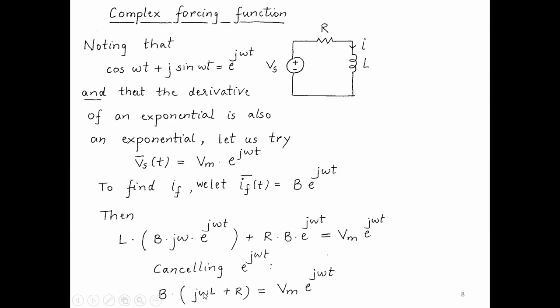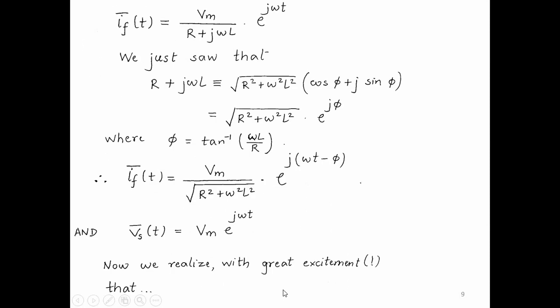So we cancel e raised to j omega t on both sides, and we get B times j omega L plus R equal to Vm.